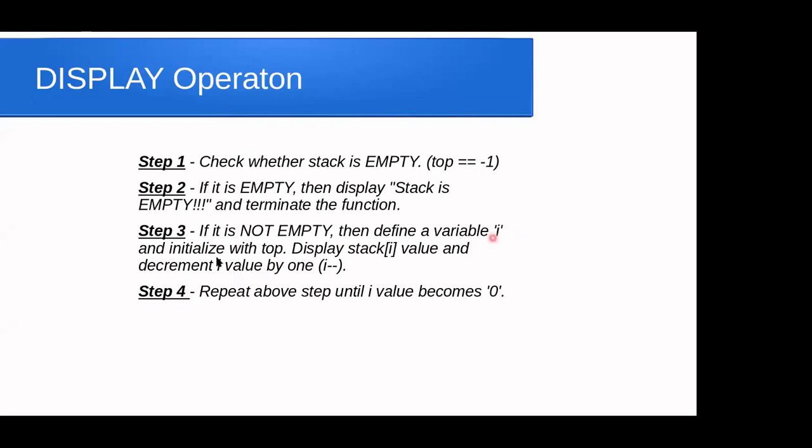Run the loop so that all the available elements are displayed. Sorry, we have a mistake here: it is i plus plus, not i minus.